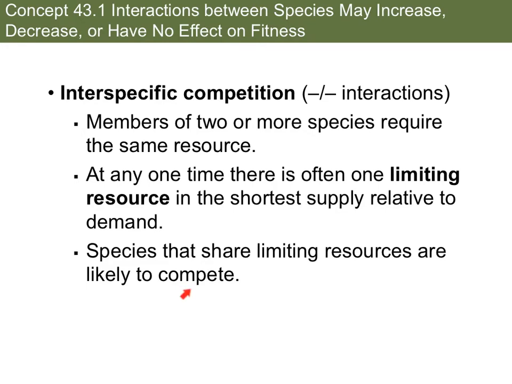And that competition is divided into either interspecific, if they are different species, or intraspecific, which is the same species. But the important thing that you understand is that with competition, both species or both individuals are considered negative interactions.